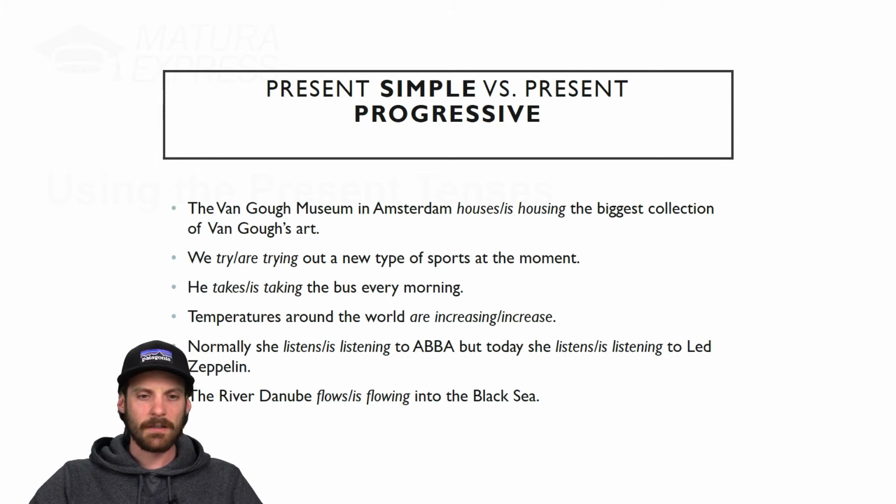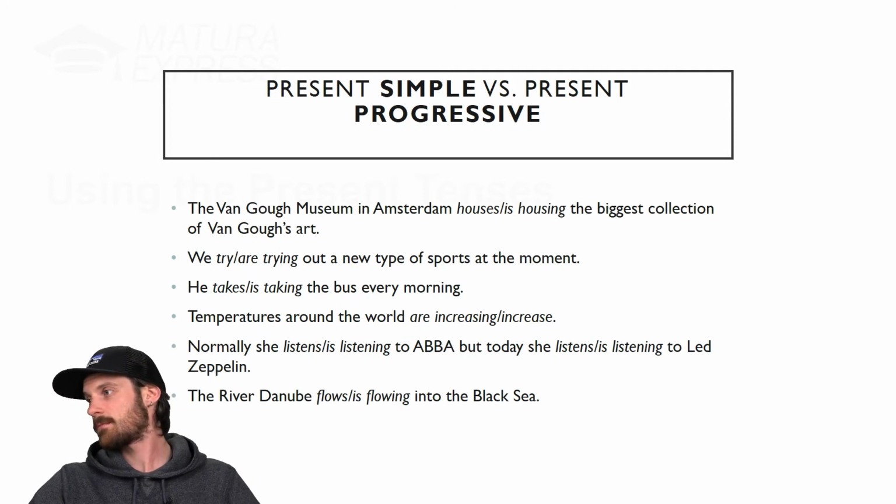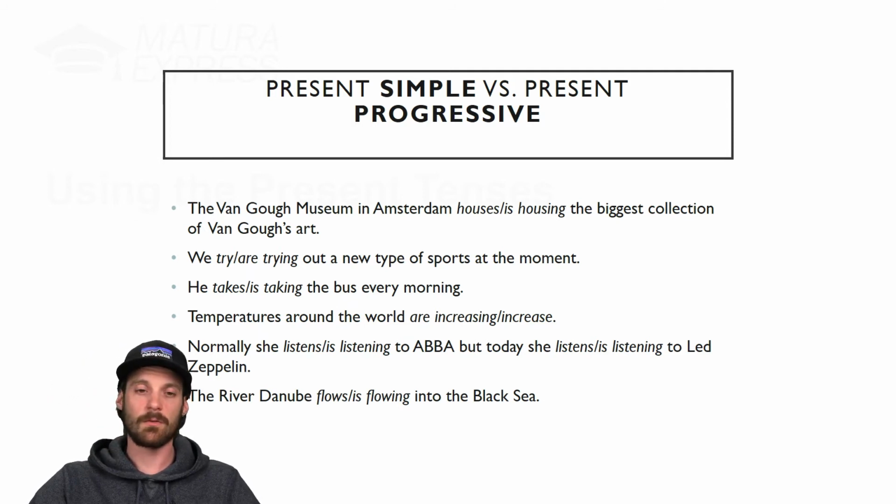I've prepared some sentences here that best showcase simple versus present progressive. And actually, if we had some viewers, we could do it together. But now I'm just doing it by myself. The Van Gogh Museum in Amsterdam houses, or is housing, the biggest collection of Van Gogh's art.